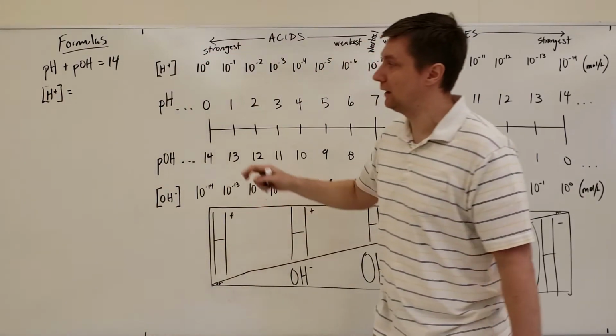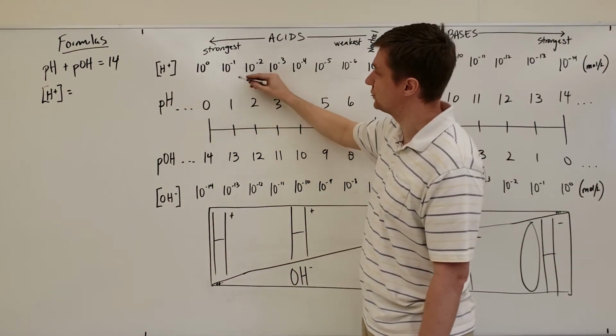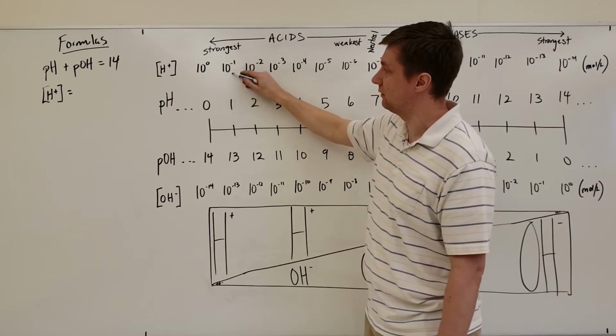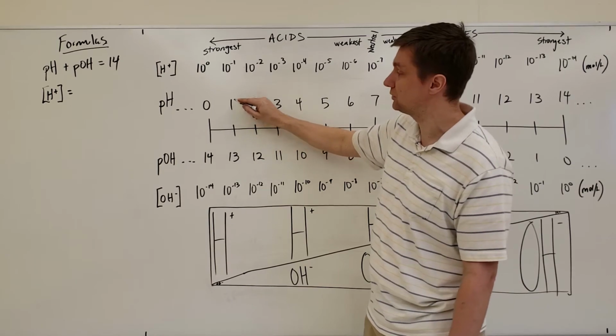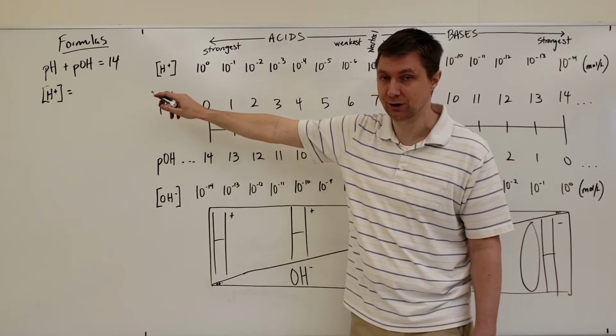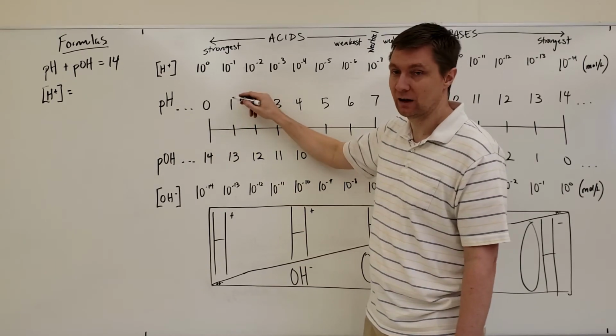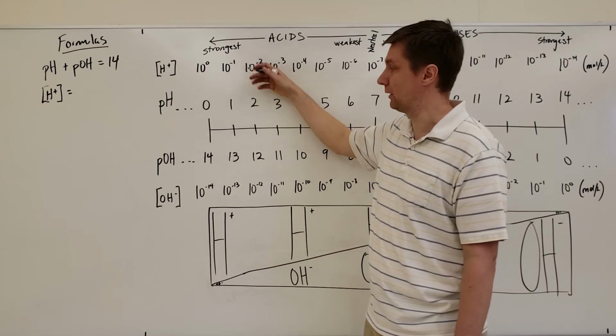So the hydrogen ion concentration is equal to, and then if I take a look at this, this is just on base 10, and it's to the negative whatever the pH is. So if my pH is 1, and I want to calculate what the hydrogen ion concentration is, then I just take my pH value and I put it on base 10 as a negative exponent.